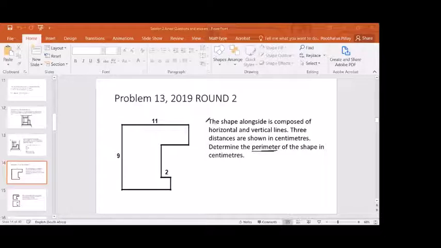So, perimeter means if you add up all the boundary sides. So 11 is already there, I know that. This is 9, but this one I don't know. It's an unknown. So let's give a name to it. Now this thing here is also an unknown. Okay, done. This is 2, that's fine.